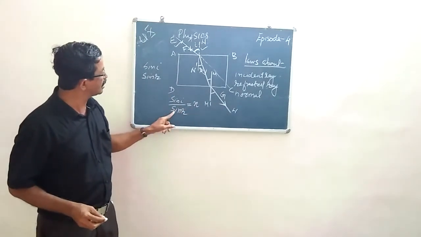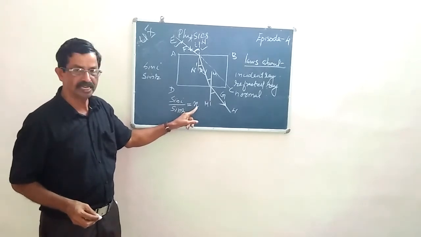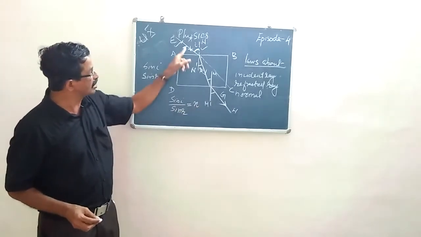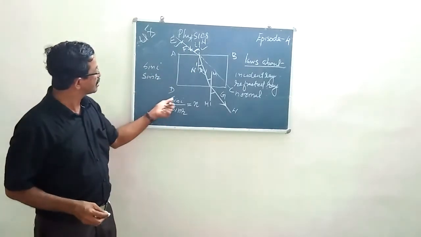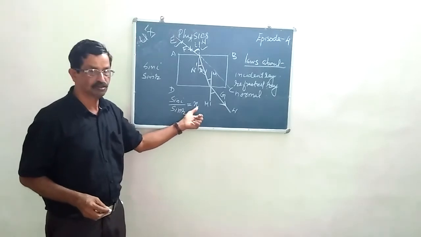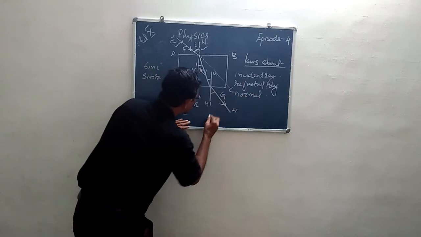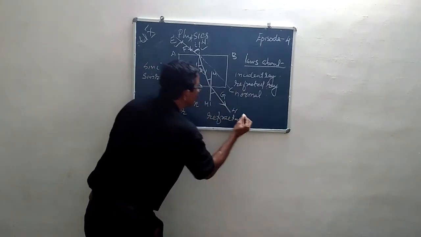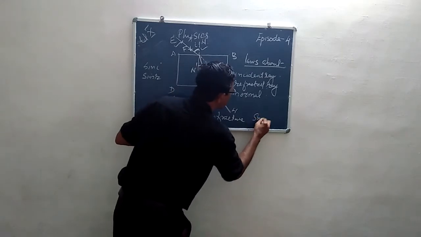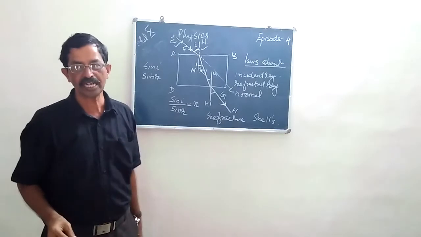Sin i by sin r is equal to n. This n is a constant for a given color of light and a given pair of media. And this law is called Snell's law.